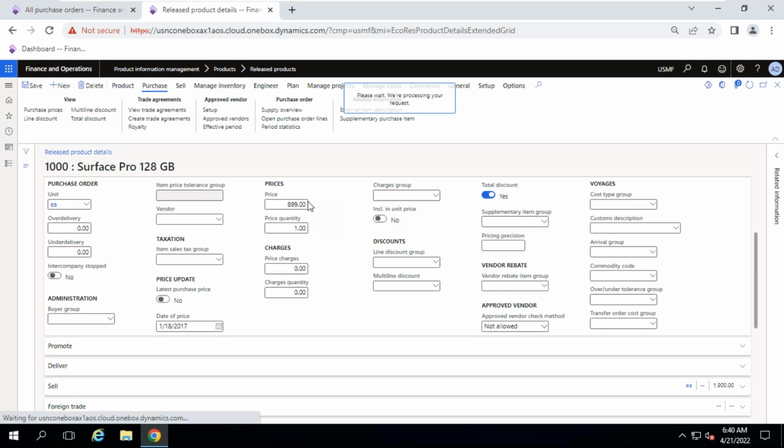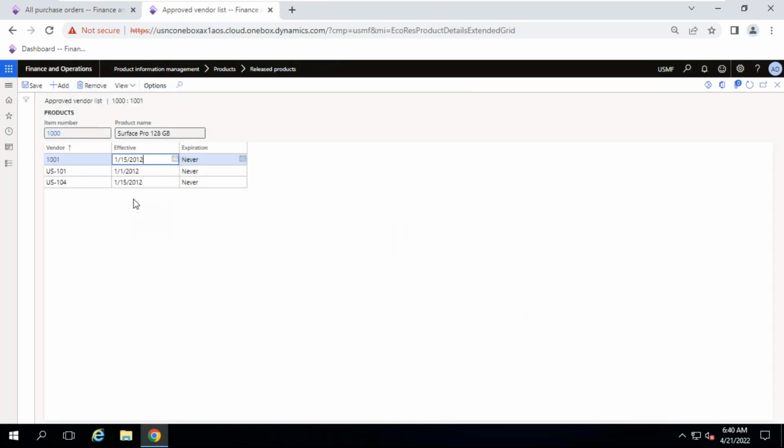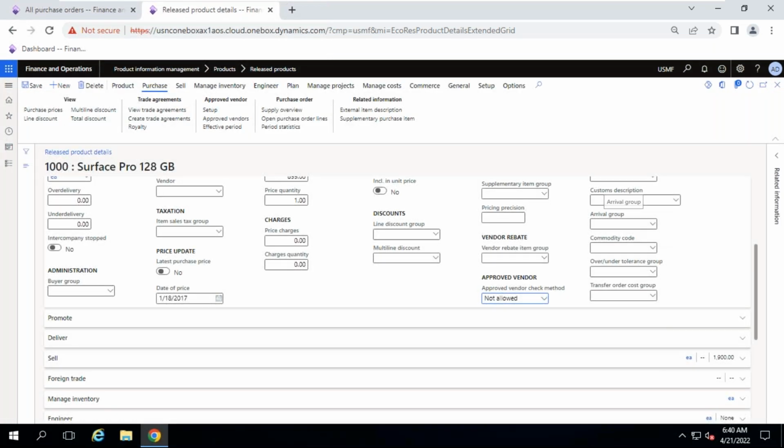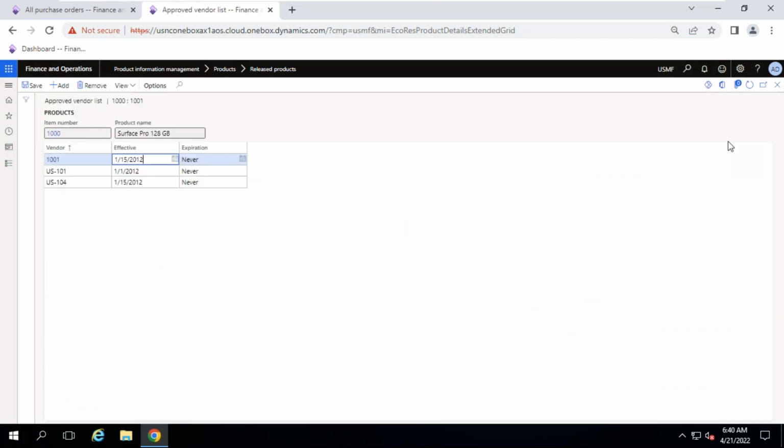It means I will purchase this material from these vendors only. This item 1000, I will purchase from vendor 1001, vendor US 101, 104, meaning authorized distributors. Not allowed means I will purchase from these 3 vendors only. If you want that, you can choose not allowed.